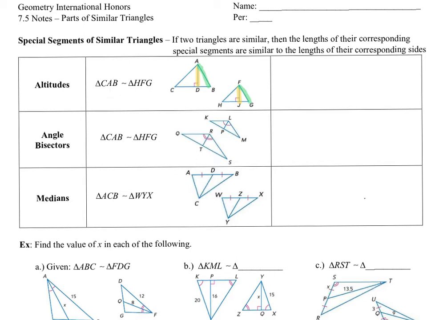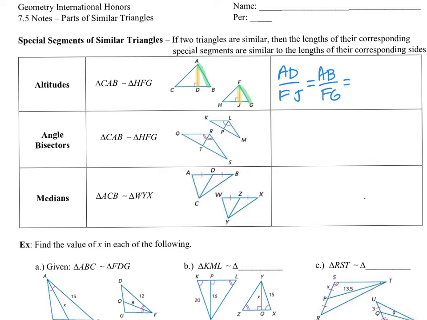So since those parts are proportional, we can write a proportion and say that the ratio of AD to FJ, which is the ratio of the altitudes, is equal to the ratio of those green segments, which would be AB to FG.